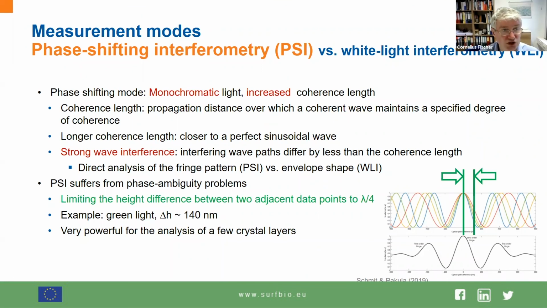So what's going to happen here? With phase shifting mode, you utilize monochromatic light with increased coherence length. The increased coherence length is responsible for the different shape of the intensity pattern. Higher coherence results in an interference pattern that shows lower dampening compared to white light interferometry, as shown here in the lower right.